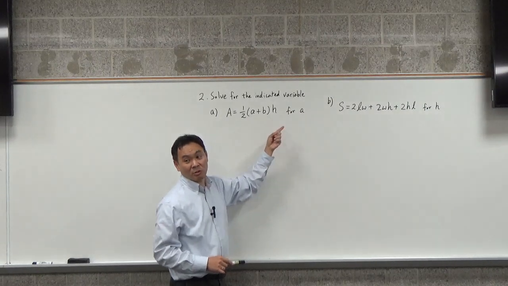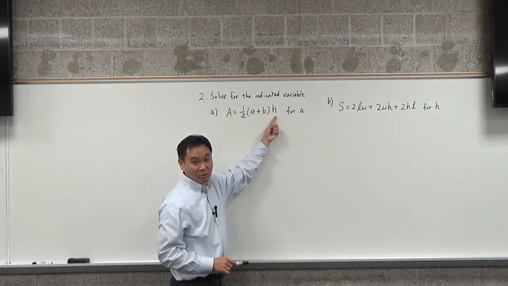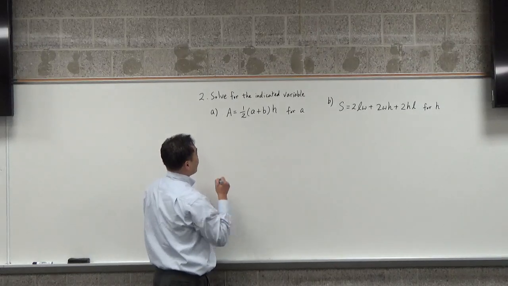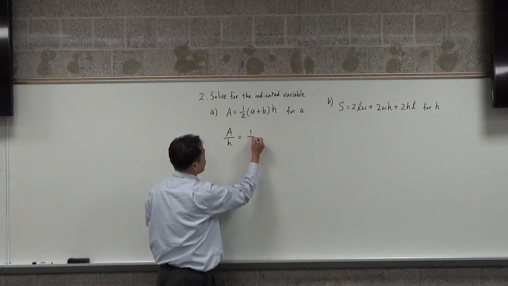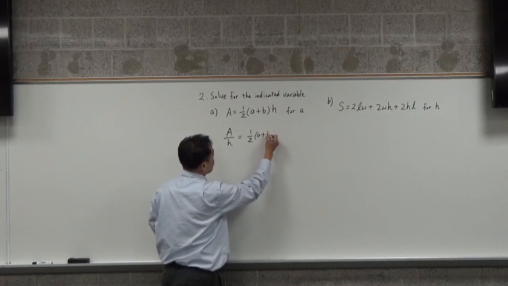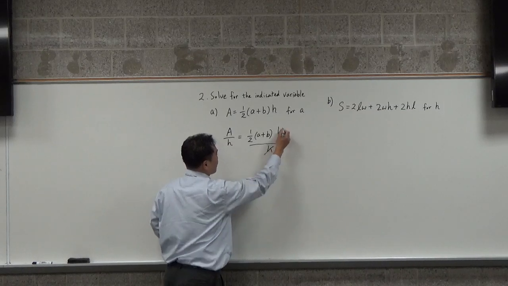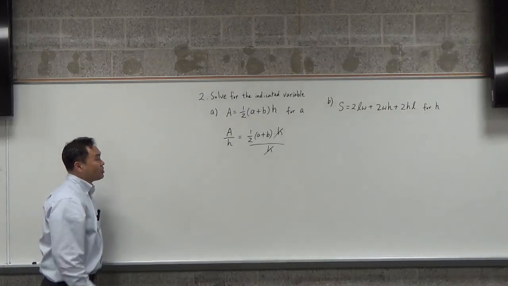What was the last thing that we talked about on the right side? Multiplication by H, right? So that has to go away first. Let's divide both sides by H. So this H now gets divided by H. After division by H, it is gone.